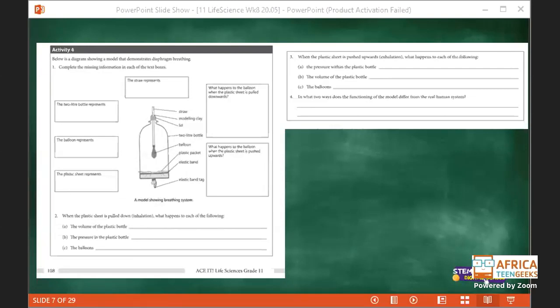Then what happens to the balloon? It inflates. Okay. Let's see the answer for question 2. Beautiful. So the volume would increase, the pressure decreases, and the balloon would fill with air or inflate.